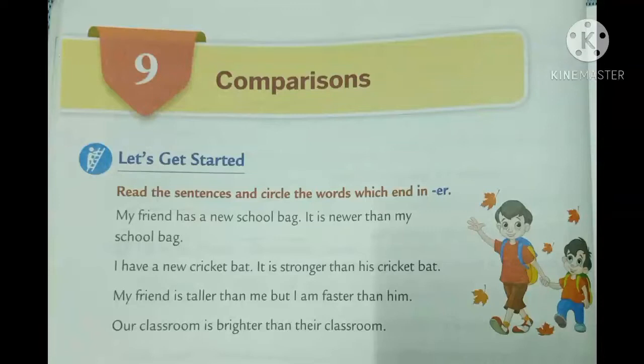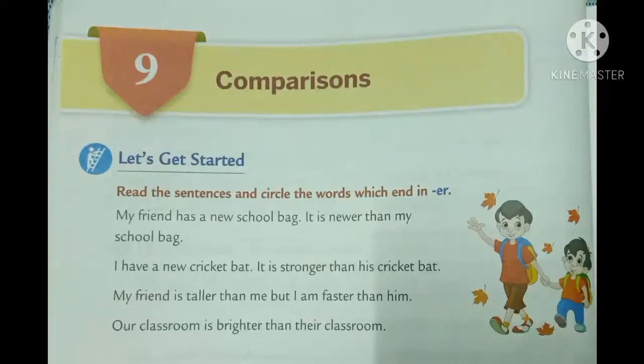My friend has a new school bag. It is newer than my school bag. So, which word is ending in ER over here, children? Newer. So, circle newer. See the next sentence now. I have a new cricket bat. It is stronger than his cricket bat.